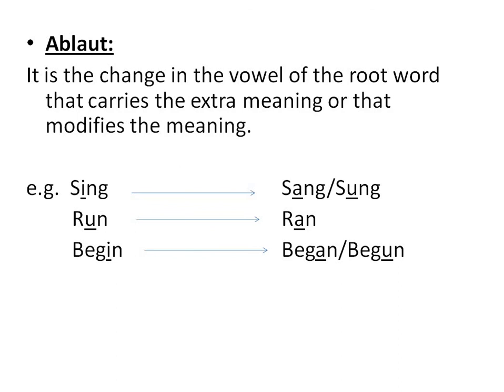Begin to began and begun. So this process is called ablaut. We are not adding something, we are just modifying the vowel of the root word to change the meaning.